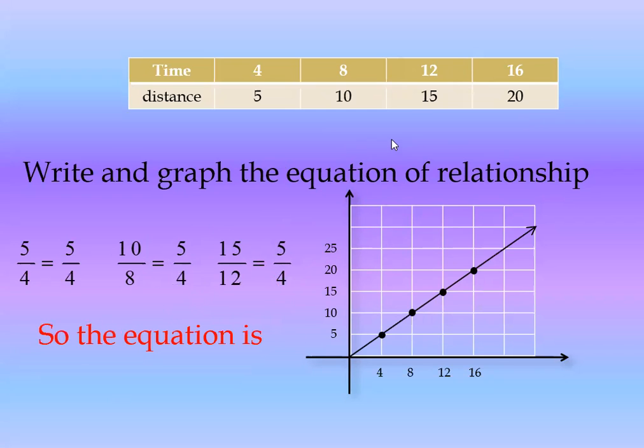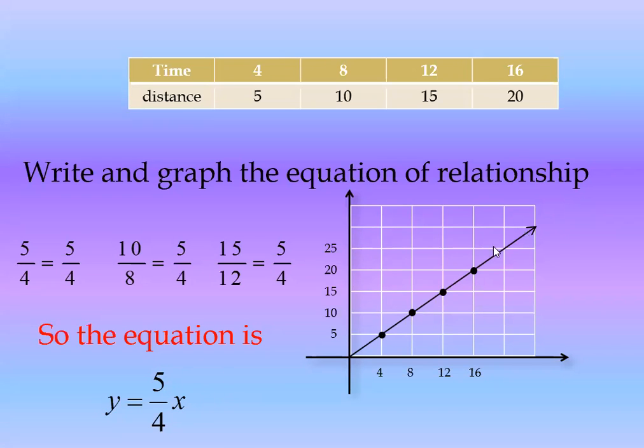So we found that the constant value is 5 over 4. How are we going to write the equation? The equation is y equals 5 over 4 x, because the constant value was 5 over 4.